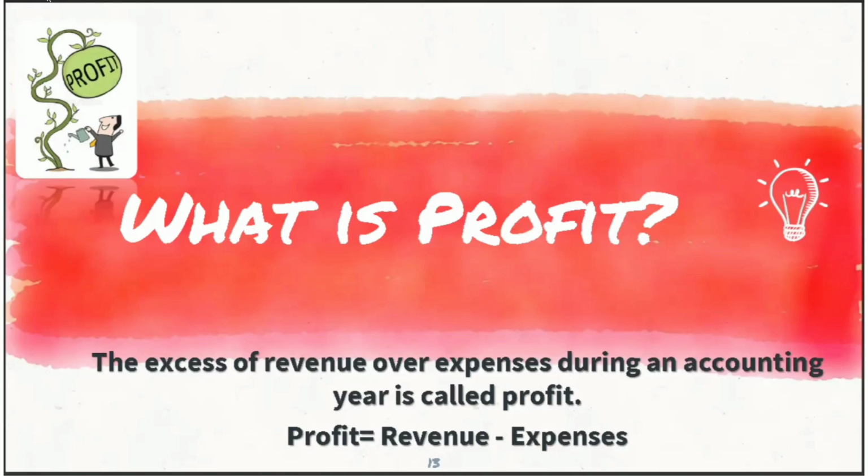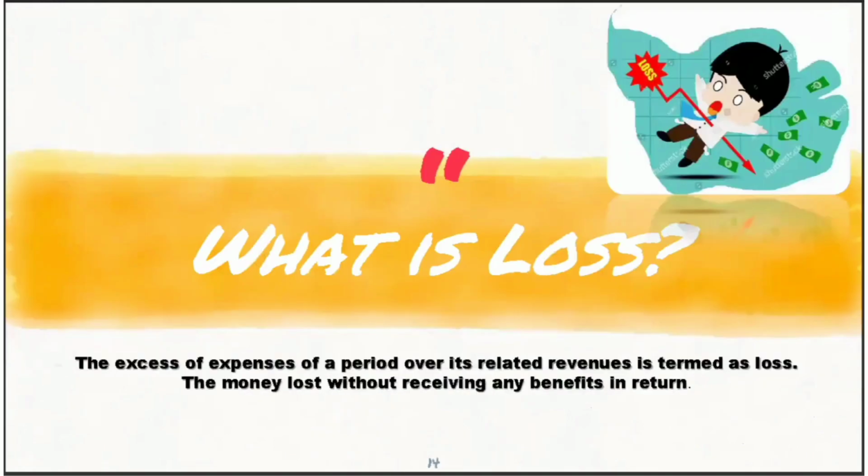Next concept. This is your last concept for today's video. What is loss? Same example, let's take. Here, the manufacturing expenses cost 10 rupees per pen. Now he sold it, that is revenue.